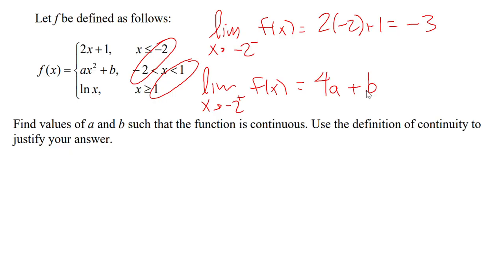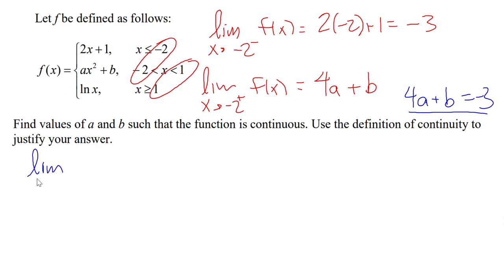And so for that limit as x approaches -2 to exist, I need 4a plus b to equal -3. So that's the first thing that we need to be true. And that's true for an infinite number of different possibilities of a and b. But we want the specific one that also works with the bottom part of our function.